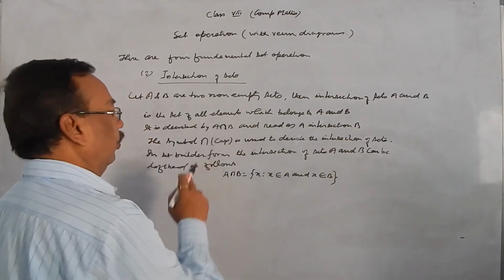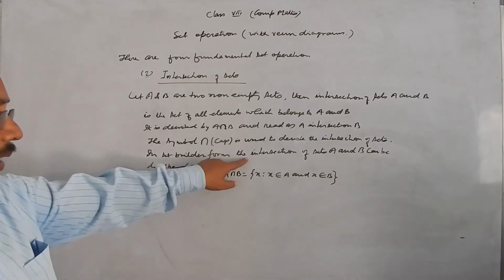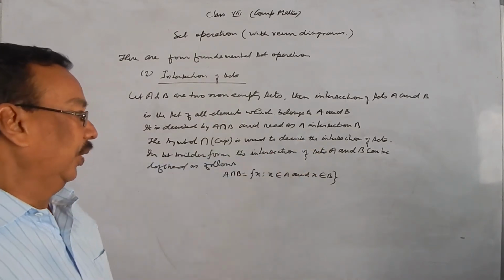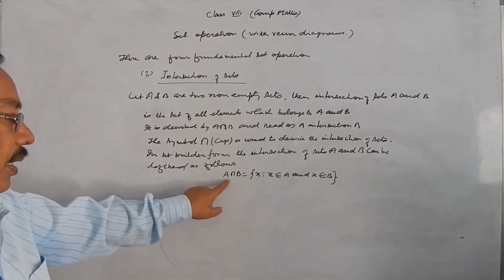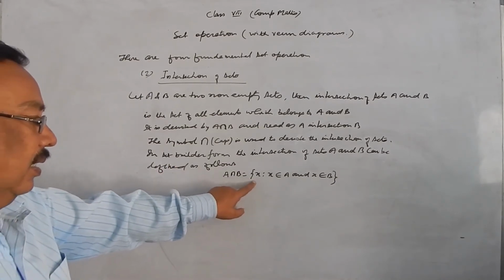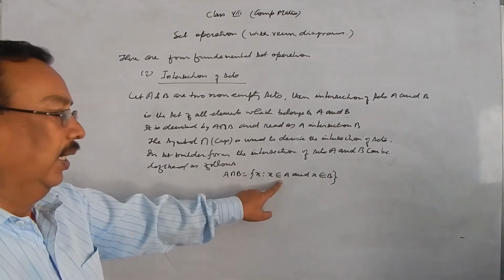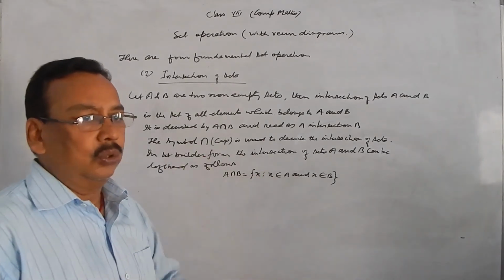In set builder form, the intersection of sets A and B can be defined as A intersection B equals X such that X belongs to A and X belongs to B.